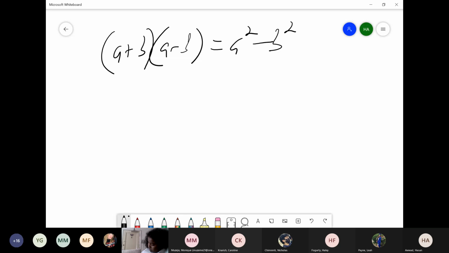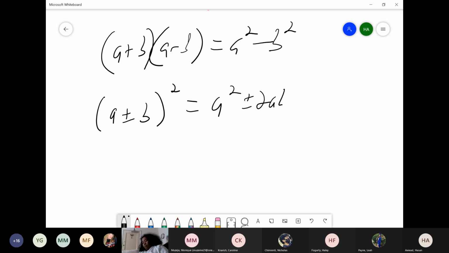Then we have the other 2, which I'm actually just going to combine into one thing here. You might see this notation later on in the semester. You might also see this notation in other math classes, but I'm just going to write it as, instead of 2 different equations, a plus or minus b squared, where we have a squared plus or minus 2ab plus b squared.